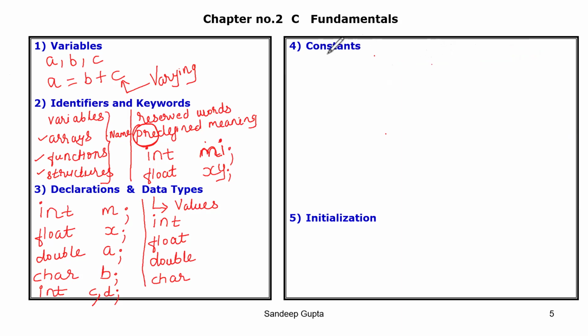The first type is called integer. The second type is called real, or floating point constants, real constant or floating point constant.